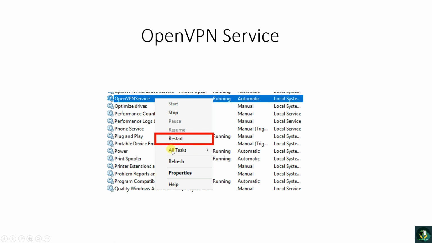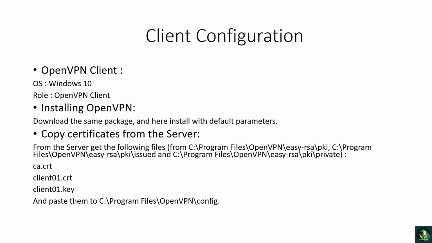So what we need to do now is set up our client configuration. Our OpenVPN client will be on Windows 10. First, similarly, we need to download the same package here with the default parameters, and we need to copy the certificates from the server.